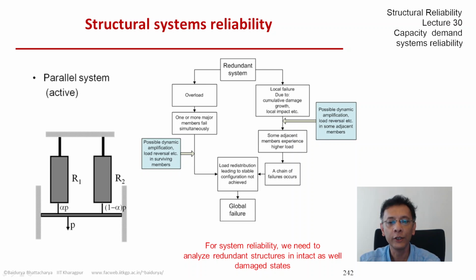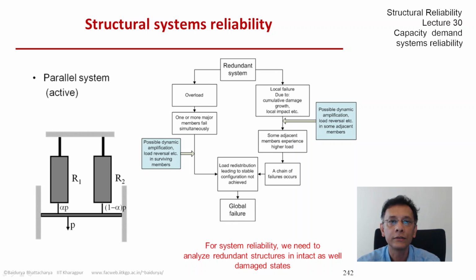For example, looking at the simple two-member active parallel system on the left, we know by inspection that in intact condition, the loads in the two members have to balance the applied load because of static equilibrium. And if one of them fails, then the other one has to pick up the slack.